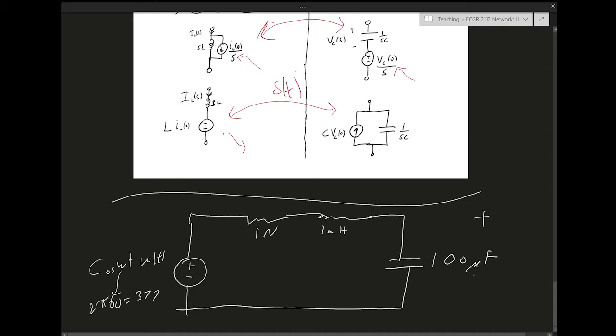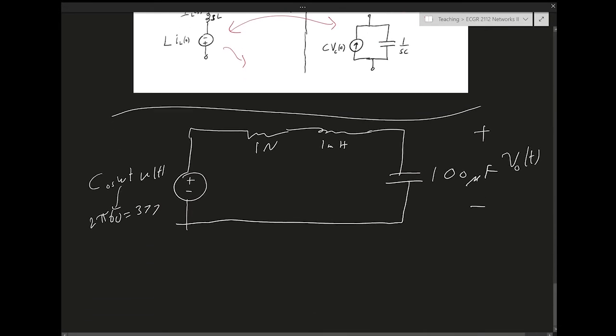So we want to find VO, the output across the capacitor, VO(t). Right, and I'm going to give you initial conditions. IL0 equals 1 amp and VC0 equals 2 volts. This is the voltage across the capacitor, and this is IL. So the VC is the voltage across the capacitor.